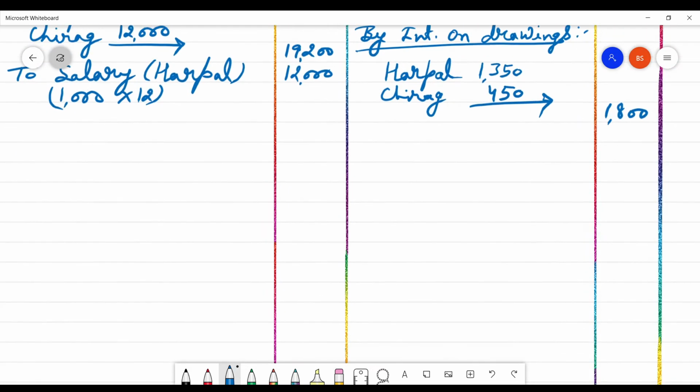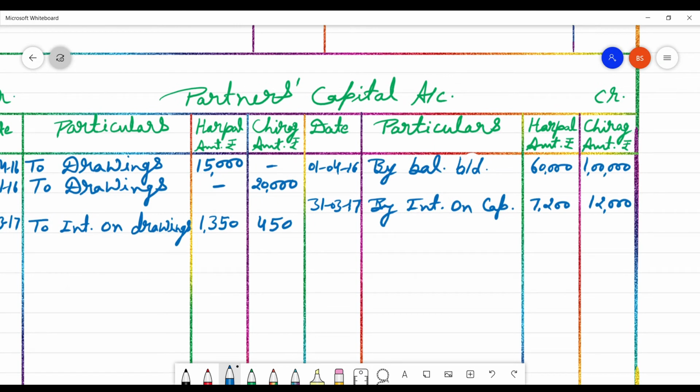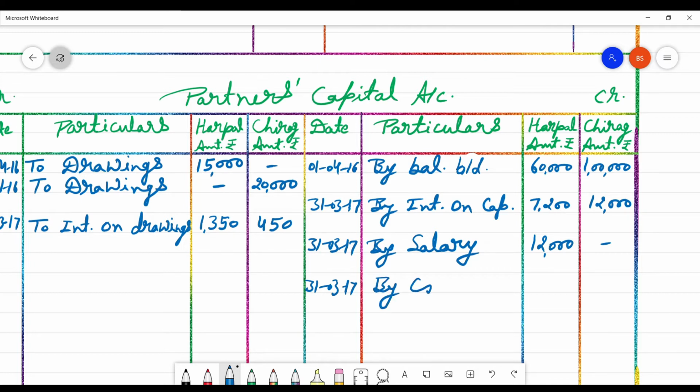Second entry will be recorded on the credit side of the partners' capital account, by salary. Amount will be 12,000. Next, commission. Commission is also recorded on the credit side of the capital account, by commission.